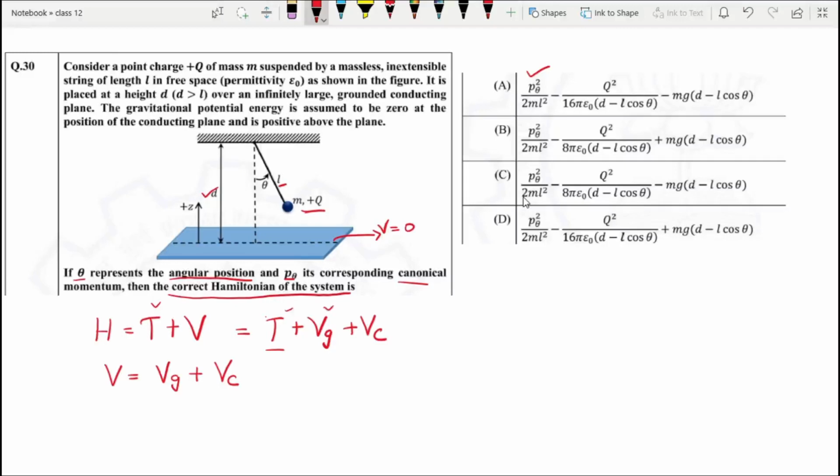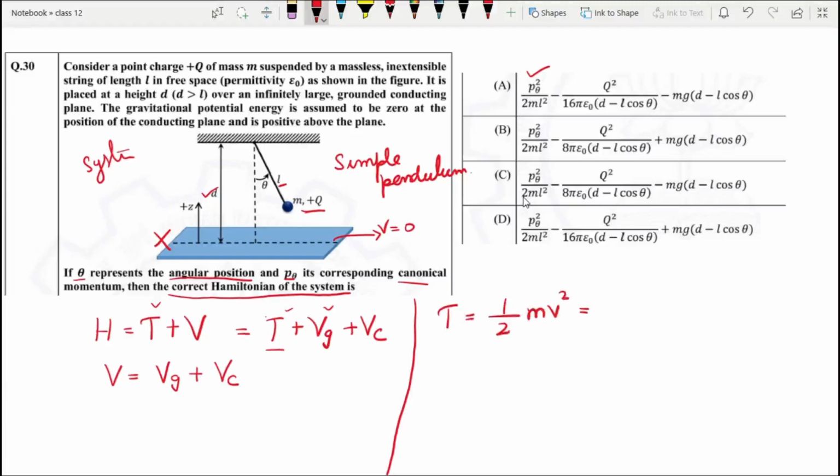If we eliminate the conducting plate, the system looks like a simple pendulum. Correct? For a simple pendulum, the kinetic energy is given by half m v square, and v square can be written as L square theta dot square.